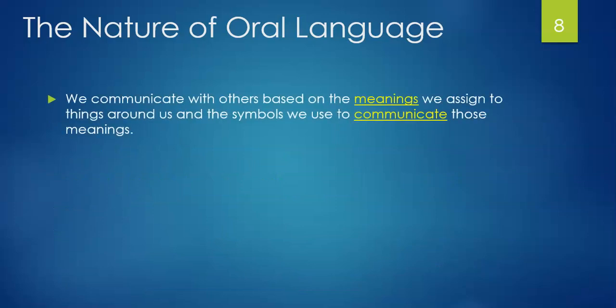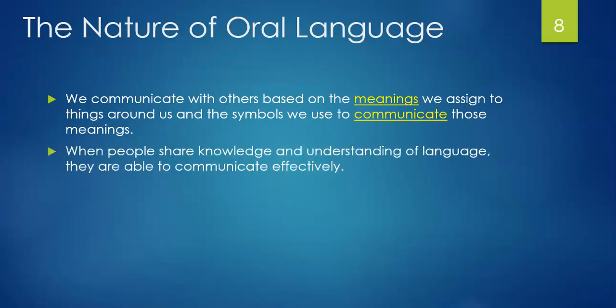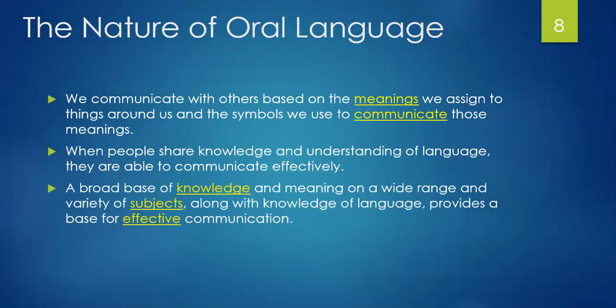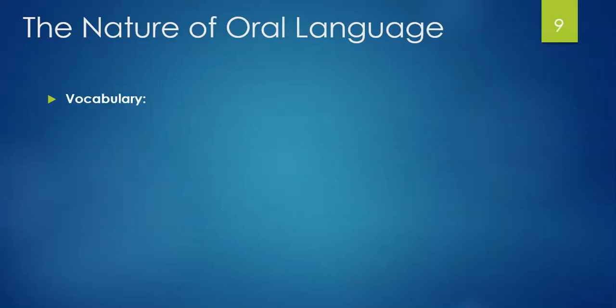We communicate with others based on the meanings we assign to things around us and the symbols we use to communicate those meanings. When people share knowledge and understanding of language, they are able to communicate effectively. A broad base of knowledge and meaning on a wide range and variety of subjects, along with knowledge of language, provides a base for effective communication.